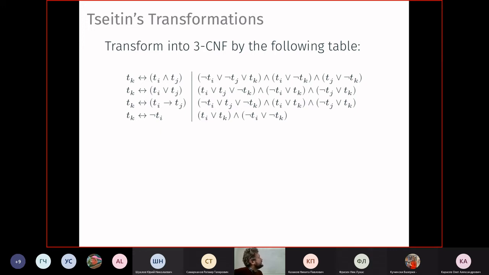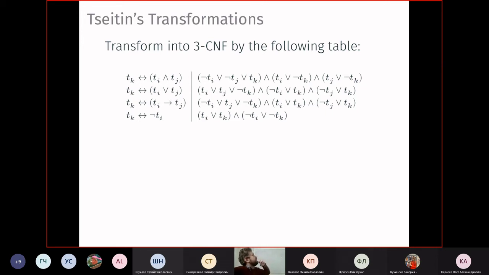You can rewrite it like this: if Ti and Tj, then Tk, right? So if one of these is not true, then Tk is also not forced to be true. But if both Ti and Tj are true, then the negations are false, and the first clause forces Tk to be true.